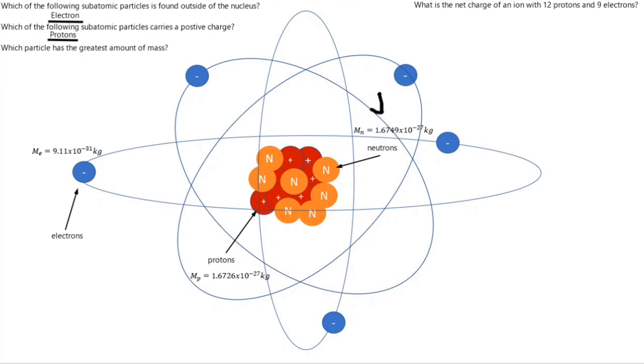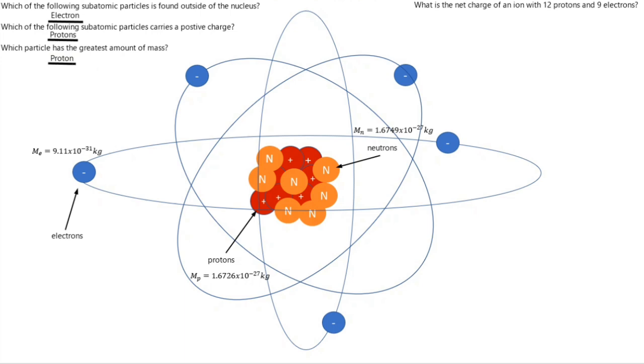If we look at a number line, we can see that the mass of electrons is further in the negative. Protons is basically the first one here. We can also see that neutrons and protons are very close, but protons have more mass than electrons.